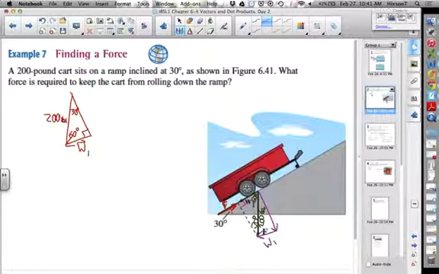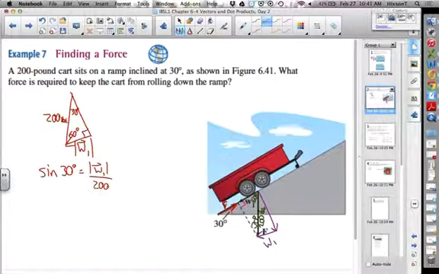Okay? So, a couple of you said 30, 60, 90 right triangle, and one said use sine of 30. So the sine of 30 degrees is going to be the magnitude of that W1 over 200.